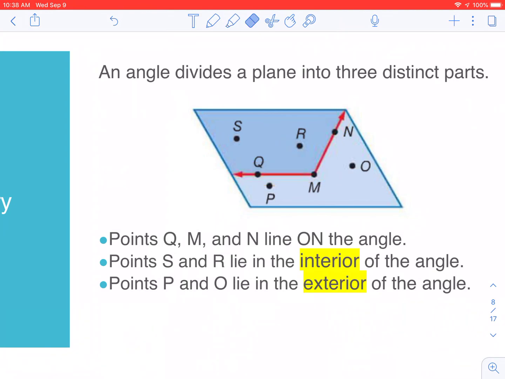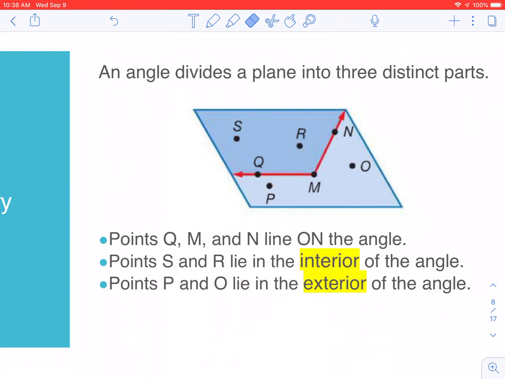Okay, the interior are S and R. So if you want to think about the angle as a mouth that's about to chomp down that red line, it's going to eat S and R. And then lastly, we have the exterior, which is P and O. They are outside of the angle. If the angle closes, it will not eat those points, so to speak. So we know they are on the exterior.